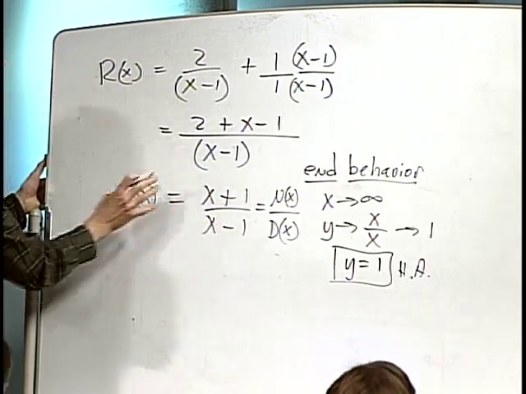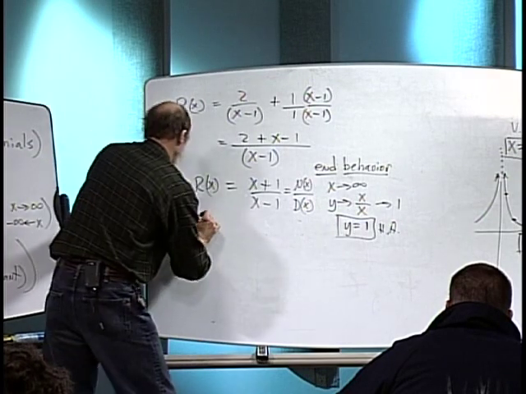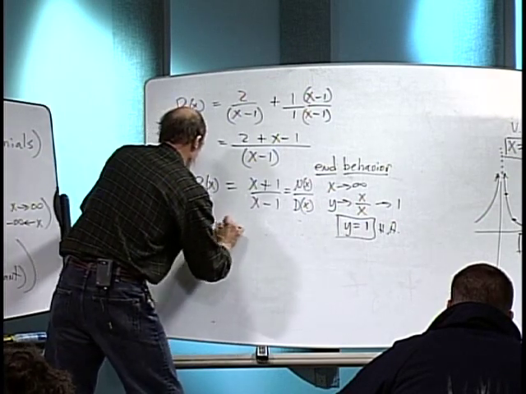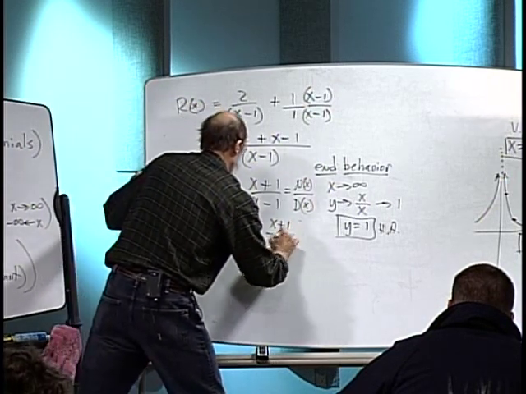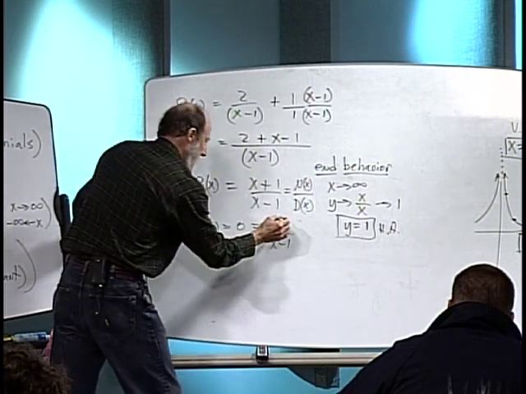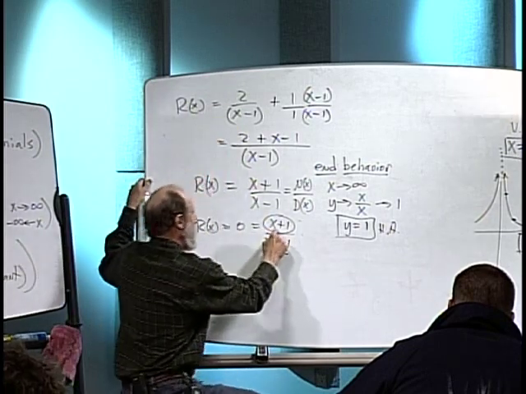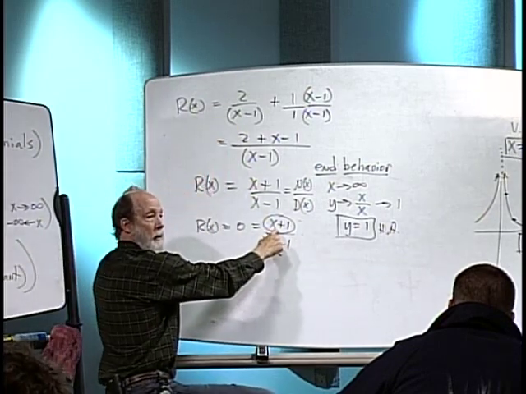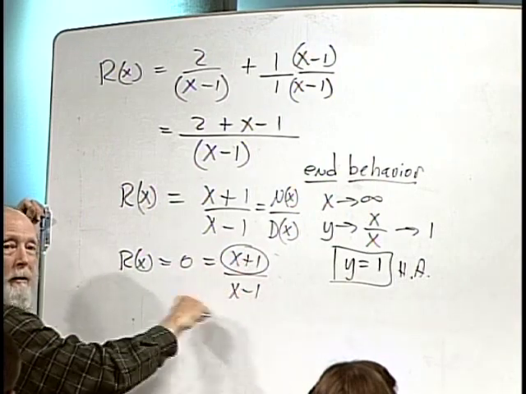What would make this fraction 0? What will make r of x equal to 0 if you've got a fraction here, x plus 1 over x minus 1? Doesn't turning that numerator into 0 make this equation turn to 0?